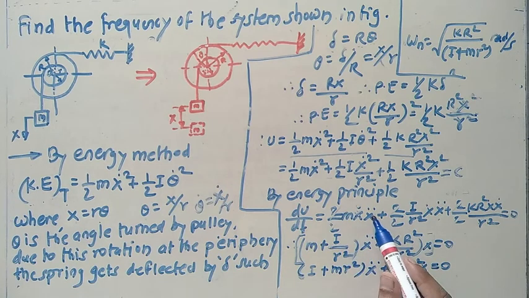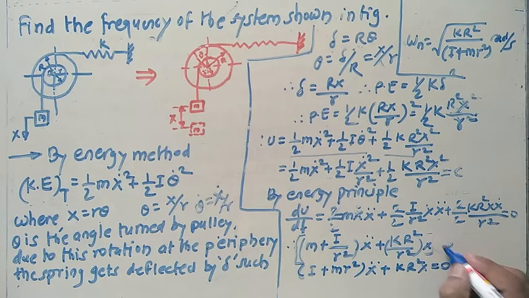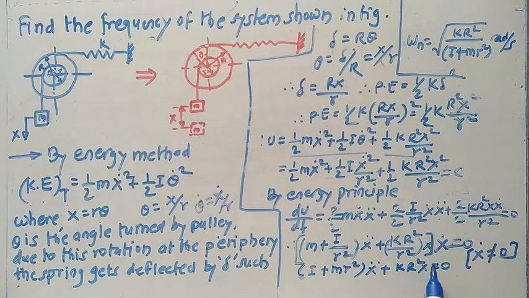Just take this x double dot as common, plus the next one, k into R square divided by r square into x. Take this x dot as common and equate with 0. Since this x dot is not equal to 0, this bracket must be equal to 0. So equate this bracket equal to 0 and just rearrange some terms.